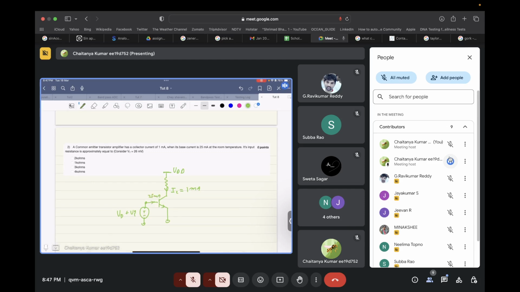So how do you calculate the input resistance? What is the formula for input resistance of a BJT? That is the formula for the input resistance of the BJT. What is the input resistance?